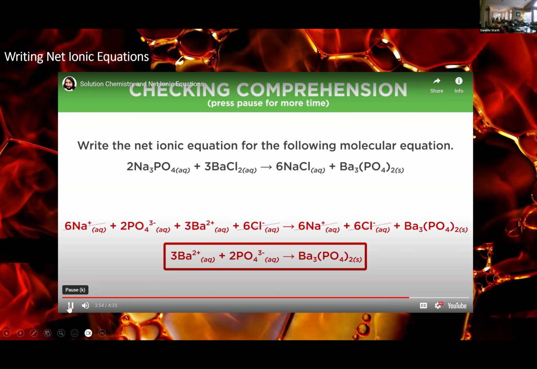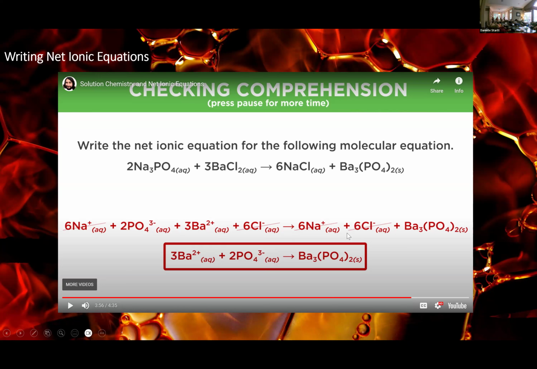All right, so look what he did real quick. He separated out the sodium and the phosphate, and he noted that they were both aqueous, right? Then he separated out the barium and the chlorine. You got barium chloride there, right? And he noted that they're both aqueous.